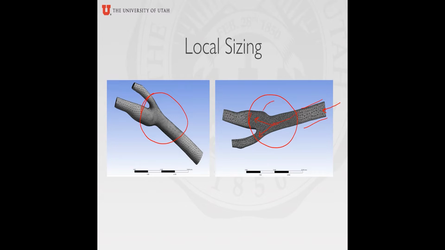We also have this expanding bulb that's on the one side. And so we want that finer mesh in this area to capture the more complex trajectories that we'll see of the particles moving through that region.